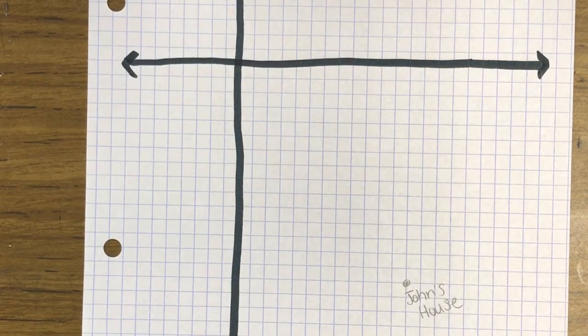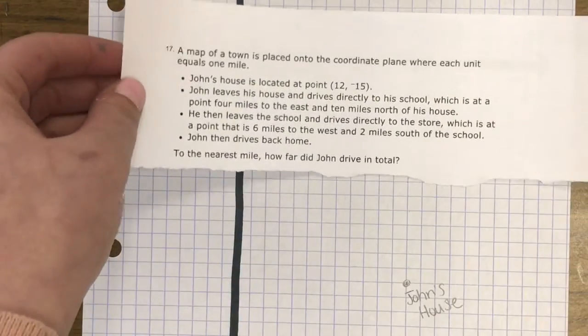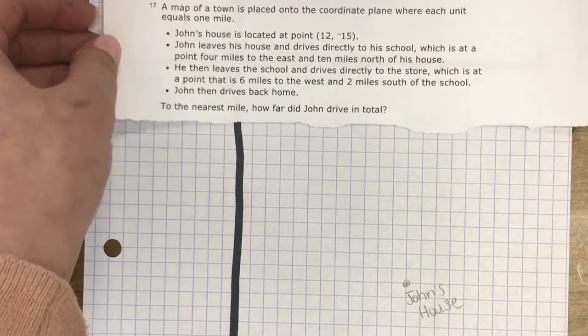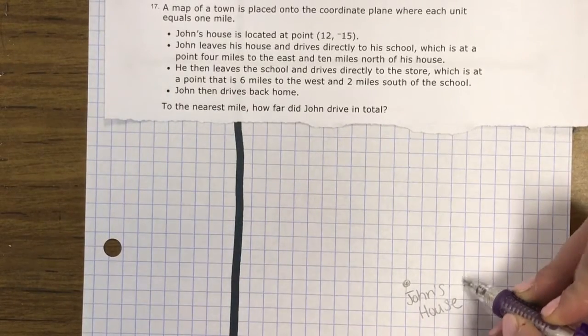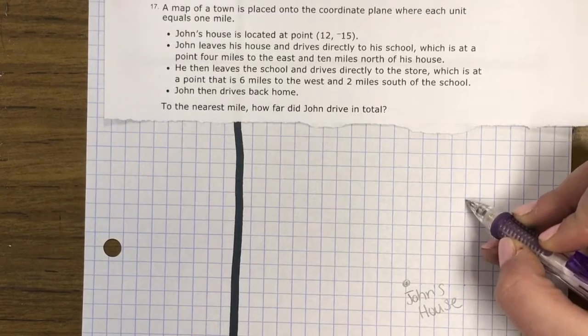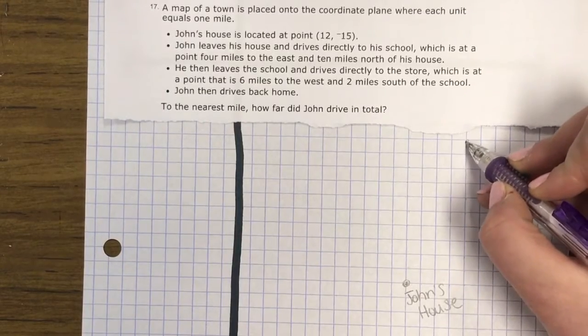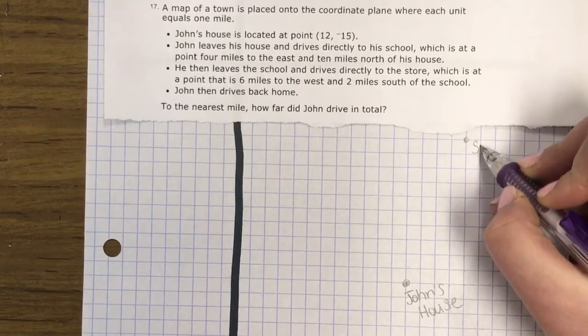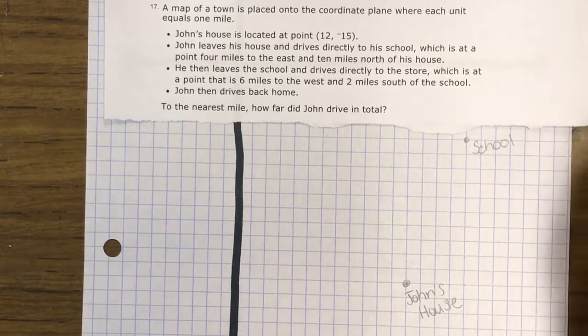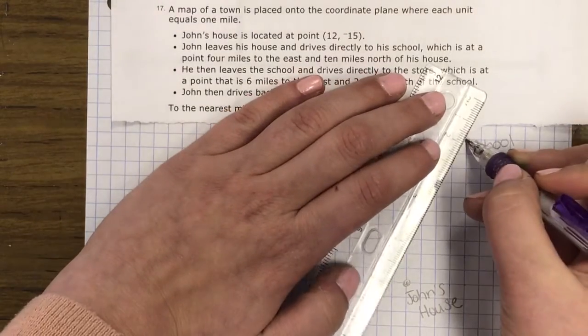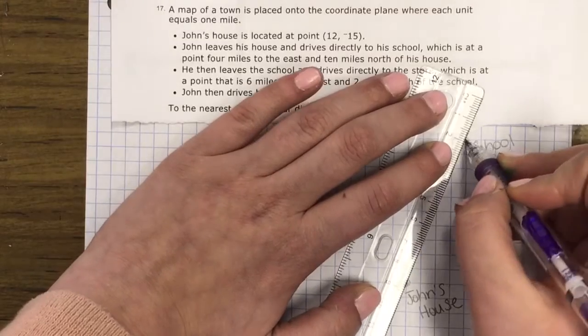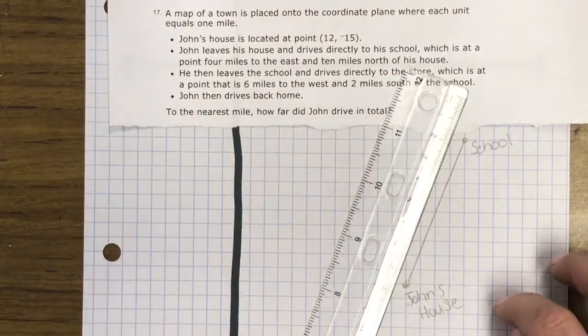John leaves his house and drives directly to his school, 4 miles east and 10 miles north of his house. Since he drove directly there, I can connect those points, because it's a straight shot.